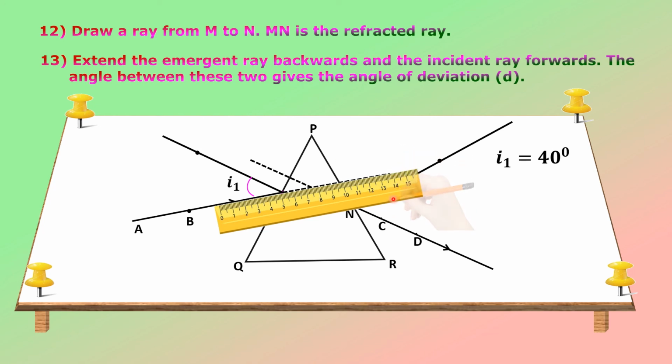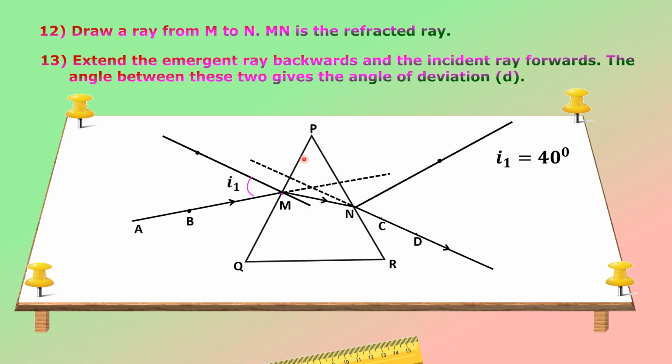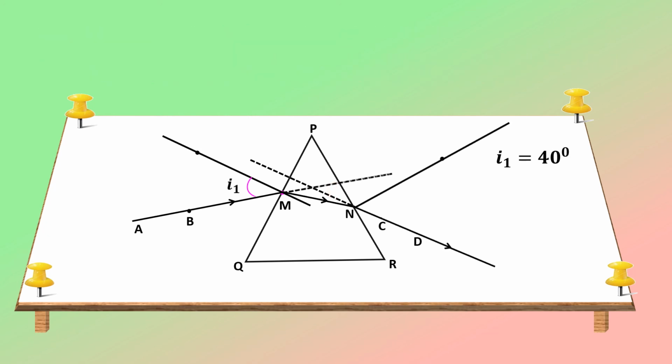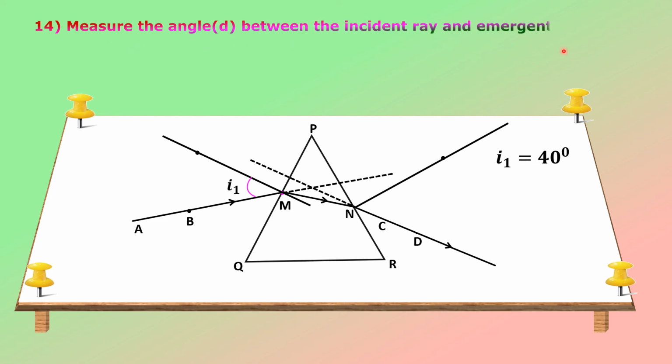Here some angle has been formed between these two extended rays, and this angle is called the angle of deviation. Measure the angle D between the incident ray and emergent ray.